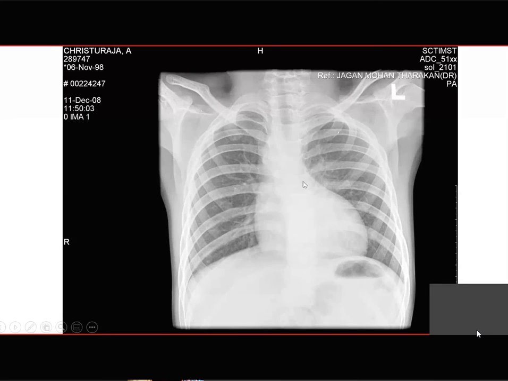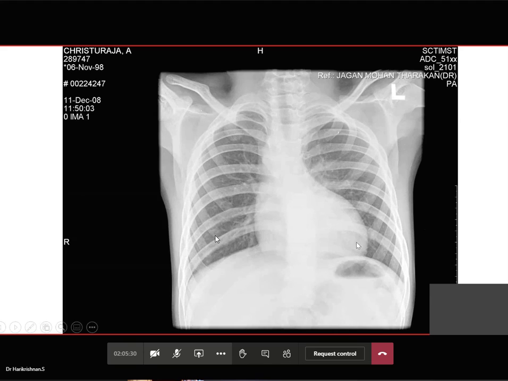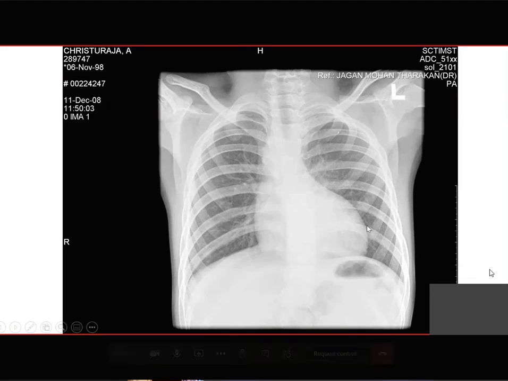Discuss this X-ray. X-ray, just PA view. There is a right aortic arch, sir, showing an indentation on the right side of the trachea.